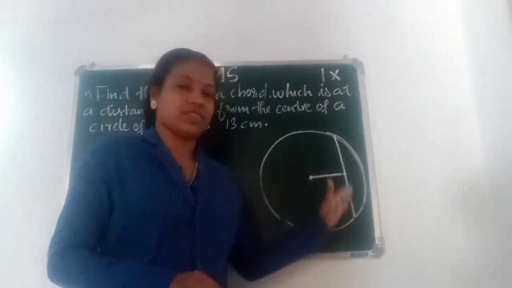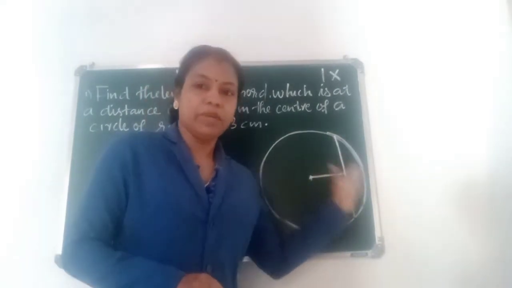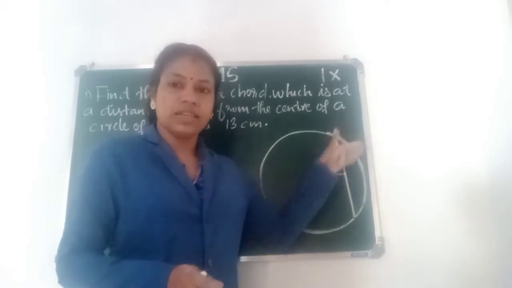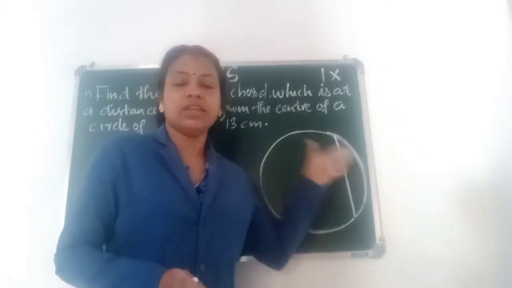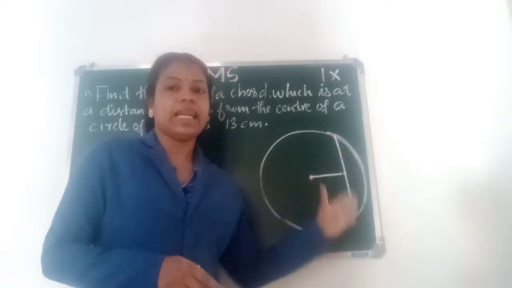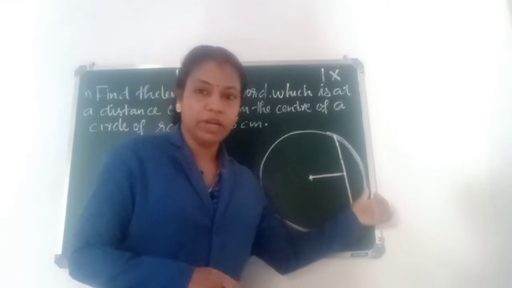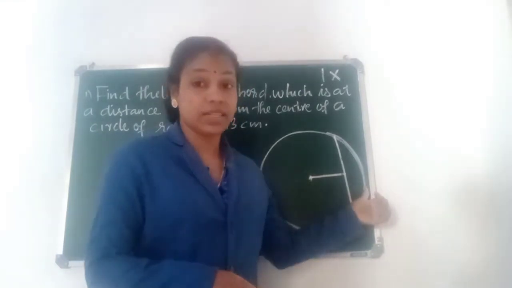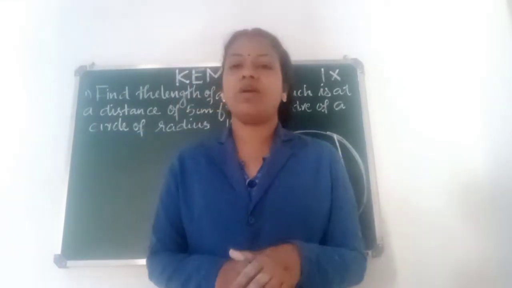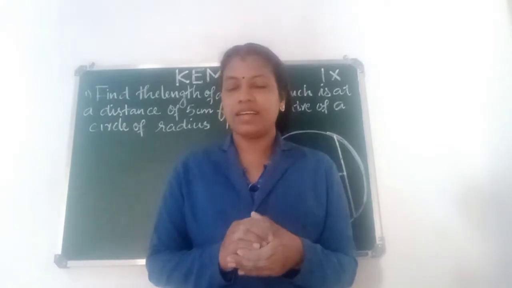If the midpoint divides the chord into two parts, their lengths are equal. Then the line joining the center to the midpoint of this chord is perpendicular to the chord. That's the first property. Clear?